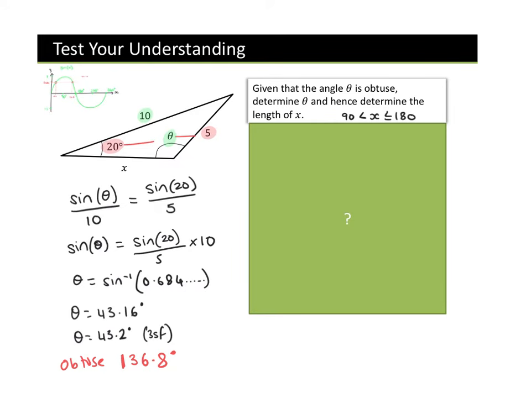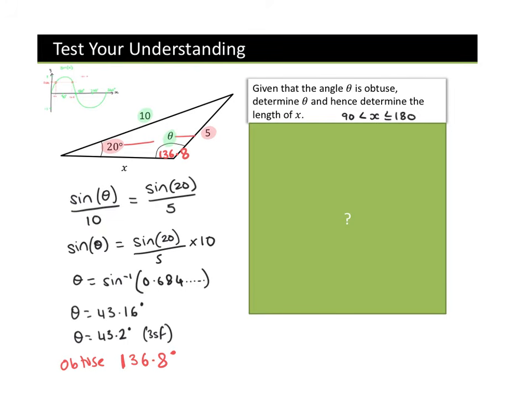It then says, given the angle theta is obtuse, determine theta and hence determine the length of x. So if this is 120, this is 136.8, okay?